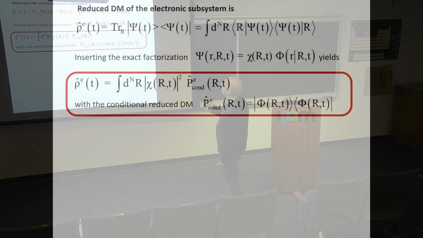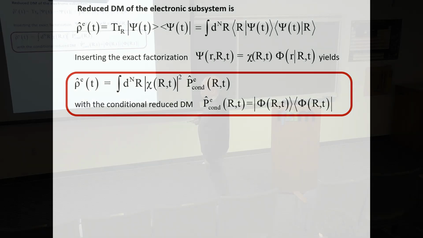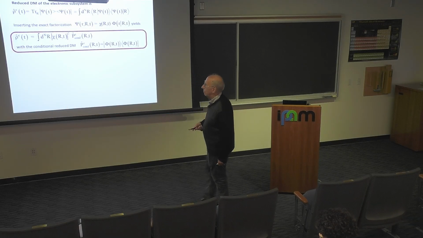And now we use, in this reduced density matrix of the electronic subsystem, the exact factorization. We just plug it in here. And then we get something interesting, namely, an alternative, somewhat unusual way of writing the reduced density matrix, in terms of a pure state density matrix that depends on a parameter, which are the nuclear coordinates.